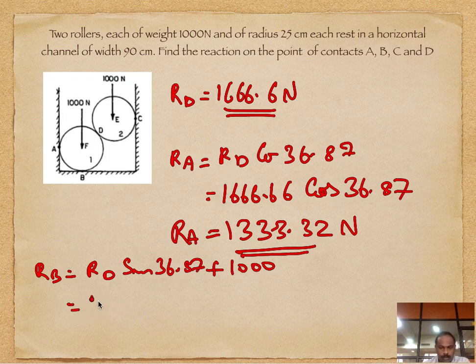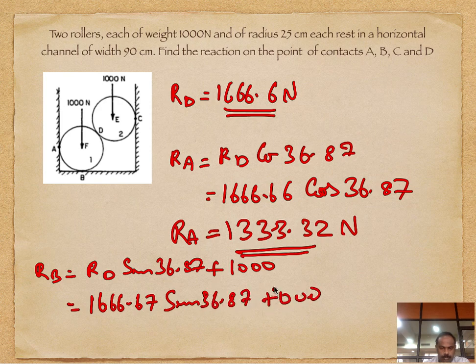So it's 1666.67 sin 36.87 plus 1000. We get the value RB is equal to 2000 Newton.